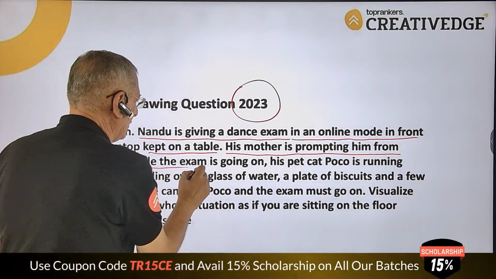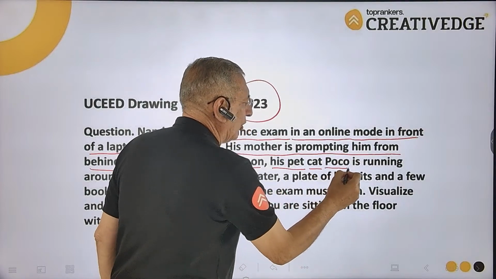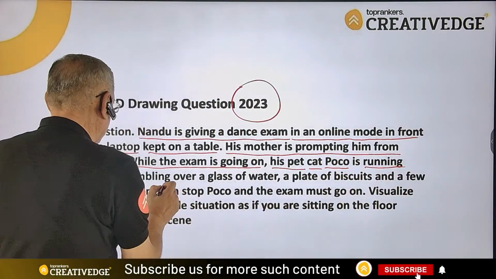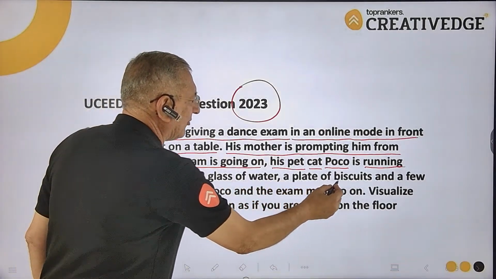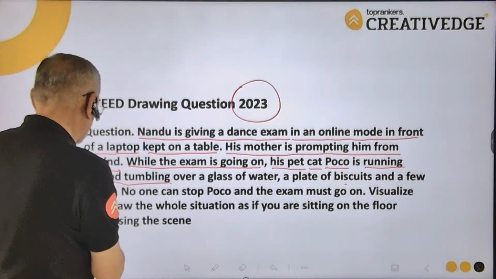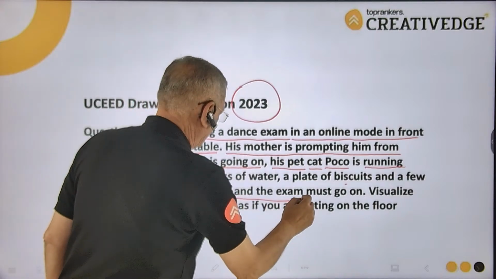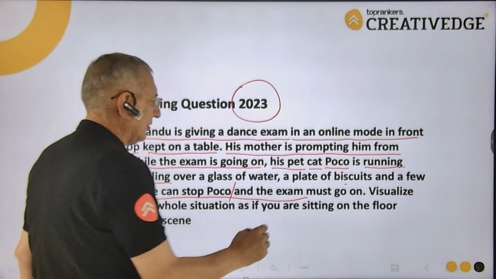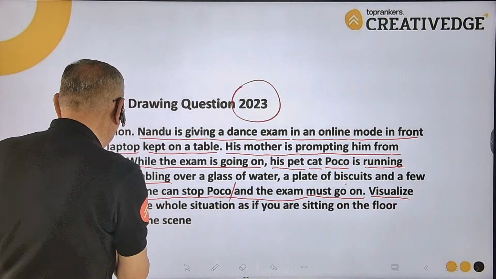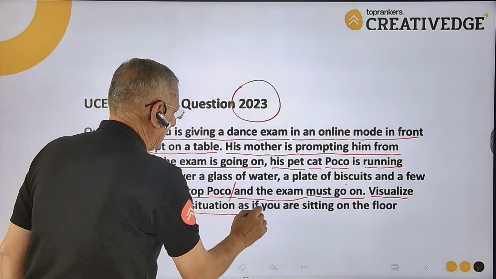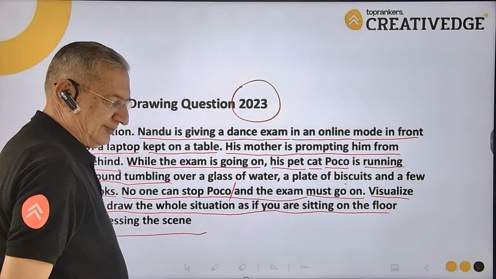While the exam is going on, his pet cat, Poco, is running around, tumbling over a glass of water, a plate of biscuits, and a few books. No one can stop Poco and the exam. The exam must go on. Visualize and draw the whole situation as if you are sitting on the floor witnessing the scene.